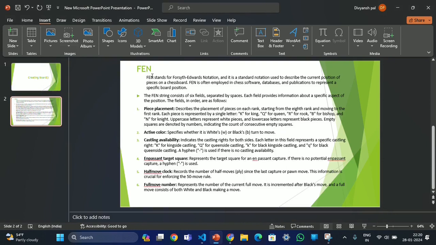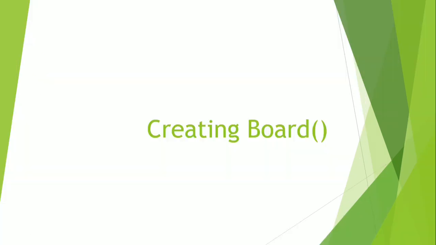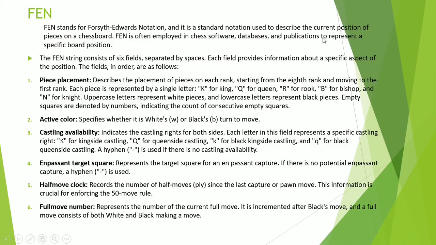So what is a FEN? FEN stands for Forsyth-Edwards Notation, and it is a standard notation used to describe the current position of pieces on a chessboard. FEN is often employed in chess software, databases, and publications to represent a specific board position.